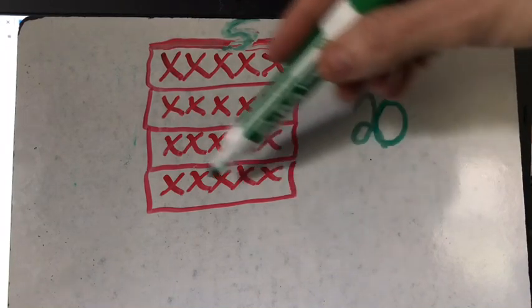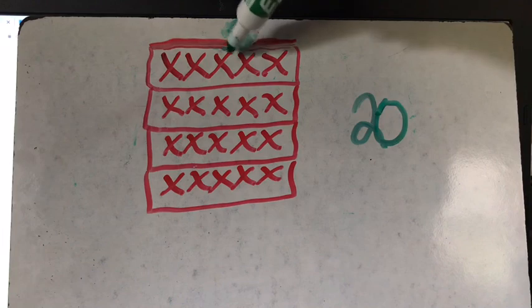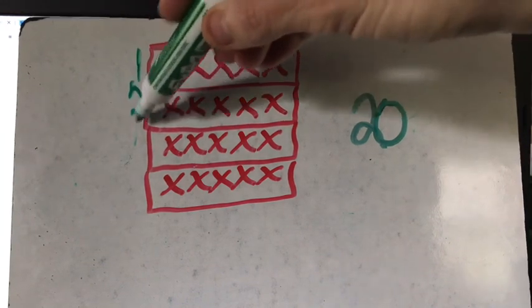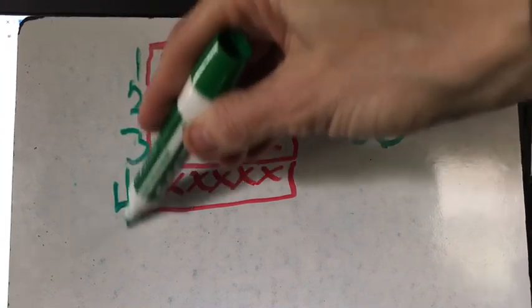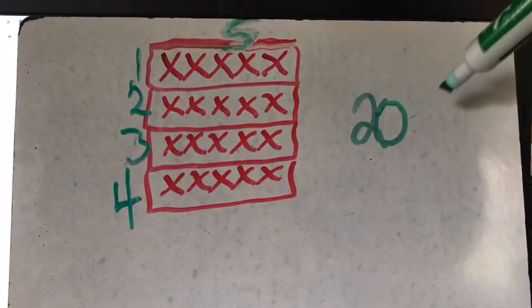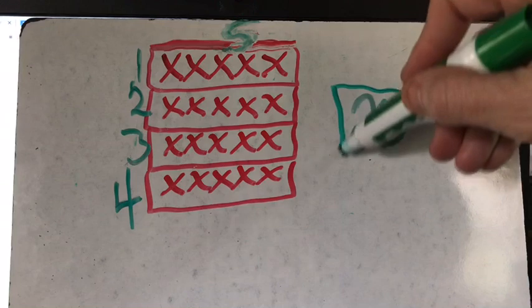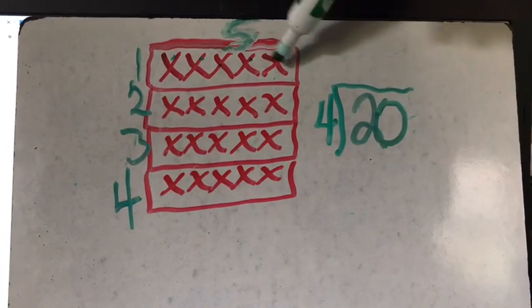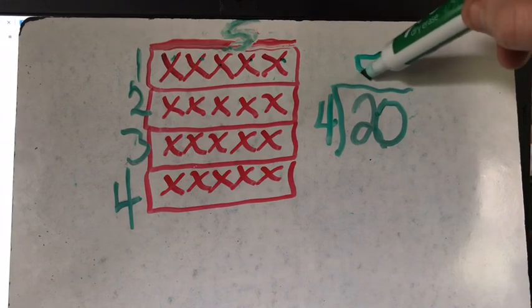My 20 X's are divided into 1, 2, 3, 4 groups. So I have 20 X's divided into 4 groups. And I have 1, 2, 3, 4, 5 in each group. All right?